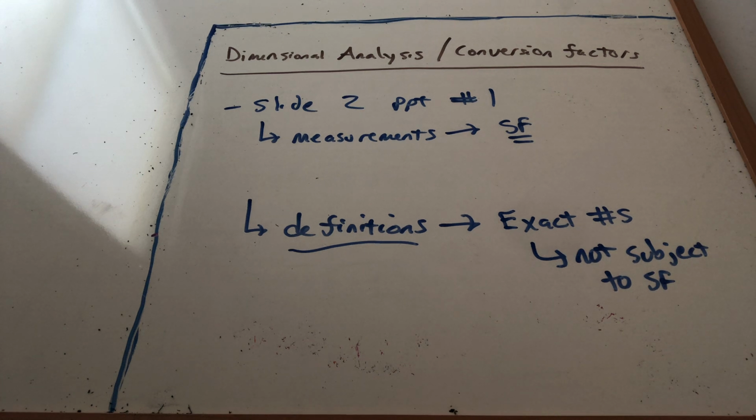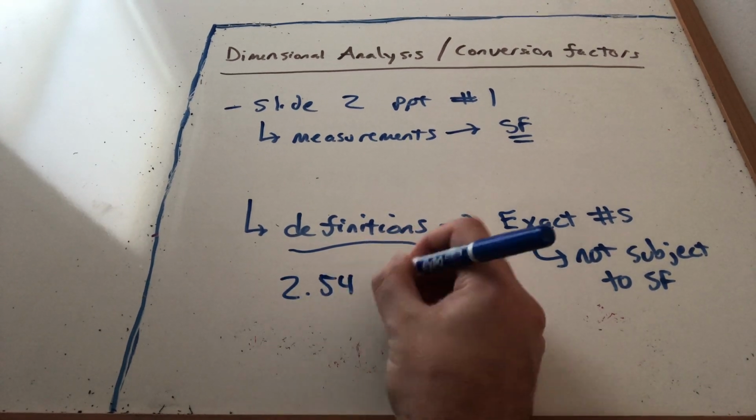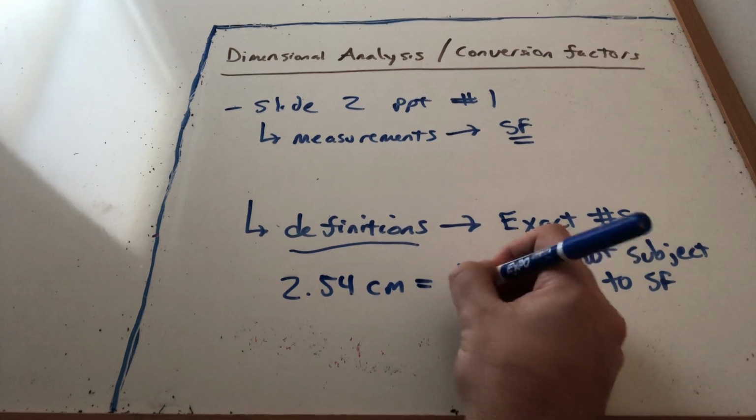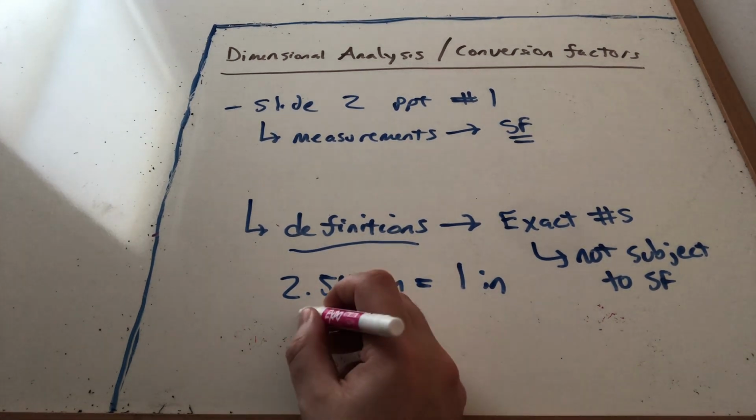So what are some examples of measurements versus definitions? Well, an important definition that we use over and over again is 2.54 centimeters is 1 inch. From this information, we should be able to build two different conversion factors.